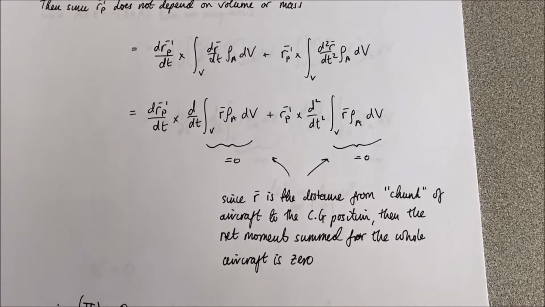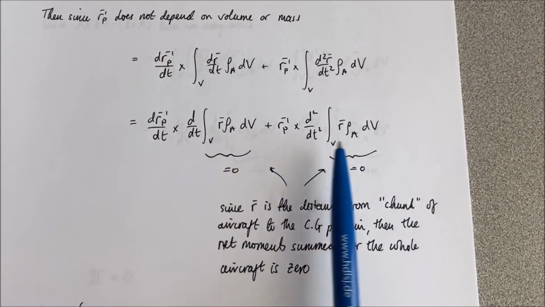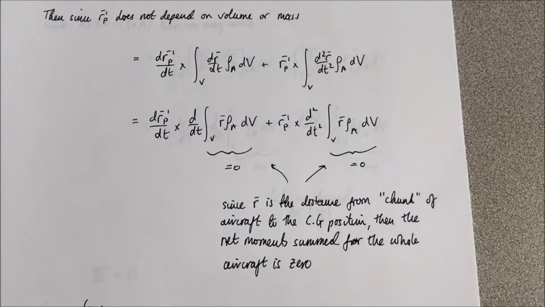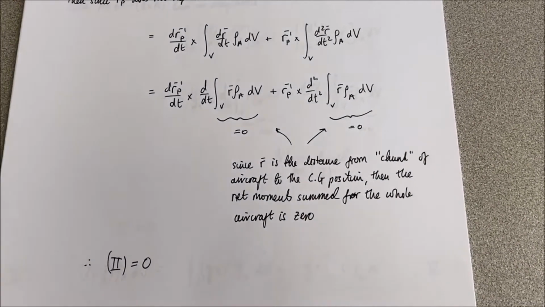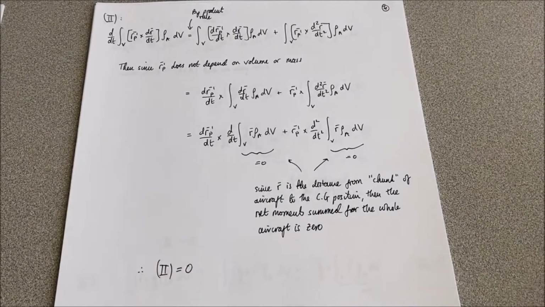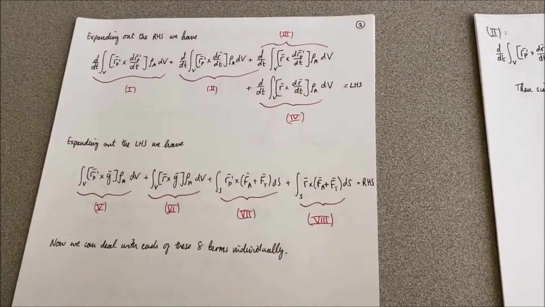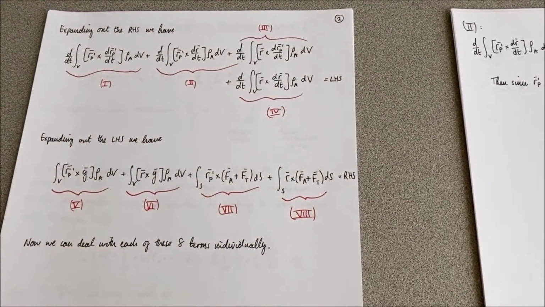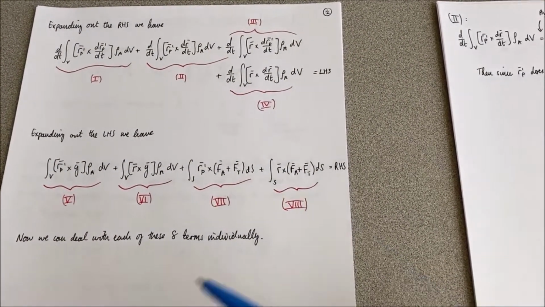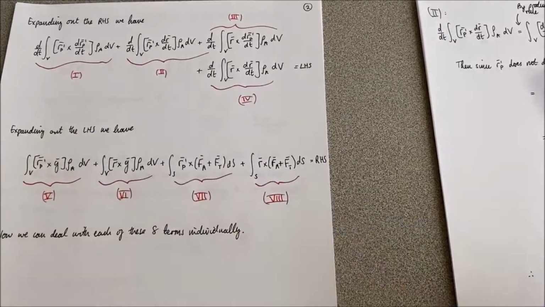So we're going to assume that this is equal to 0, based on the same assumptions that we used for the derivation of the linear momentum equations, and therefore term number 2 is 0. So you can see how we're actually reducing down this huge thing to get to something a bit more manageable. So far we have that 1 is going to cancel with 5 and 7, 2 is going to be 0.